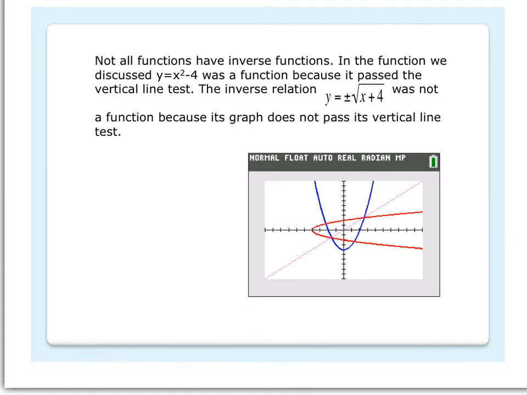Just to summarize what we talked about on the last slide: just because the graph of f is a function does not necessarily mean its inverse is going to be a function. We determined that given y equals x squared minus 4, which is the graph in blue, the graph in red here did not pass the vertical line test, therefore it was not a function.